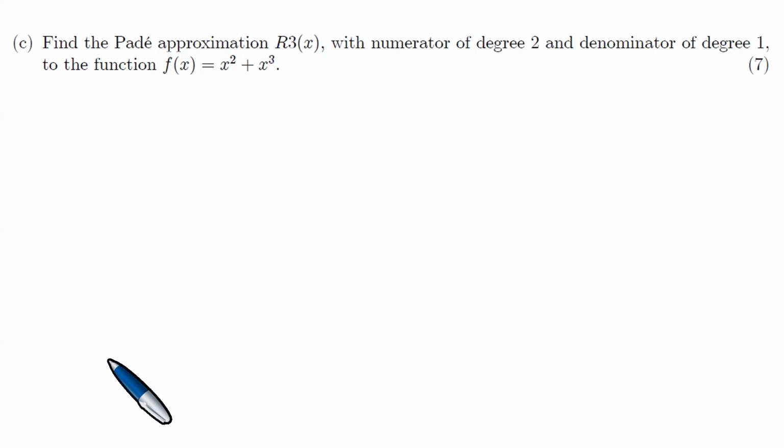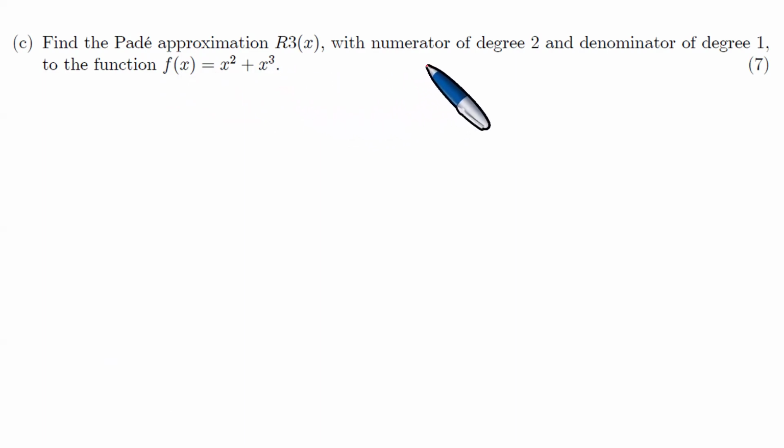We need to be sure that we can do any question that comes our way. They might not only say R4, but what if they say R3 of x? Find a Padé approximation of R3 of x. If you need to find a Padé approximation of R3 of x, what do you do here?